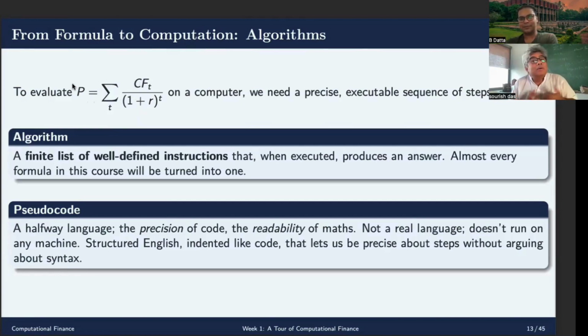That will make our life very, very simple. So that is where the concept of algorithms and pseudocode comes in, which will help us compute these kinds of financial values, so that we can focus on analysis of the financial terms in the long run.